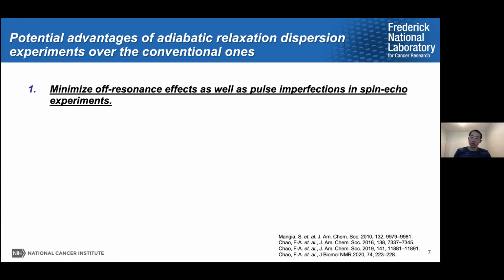Okay, so unlike the original concept proposed by Richard Ernst, who developed the famous Fourier NMR spectroscopy, now we kind of go backward. So we are sweeping the frequency across the spins one by one, okay?